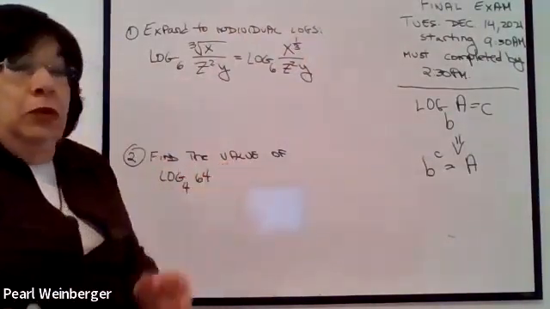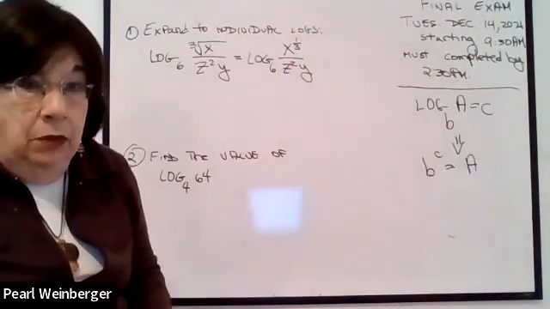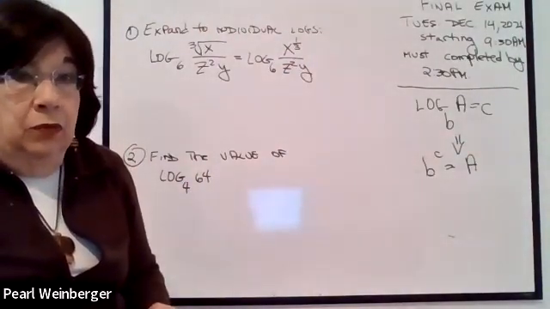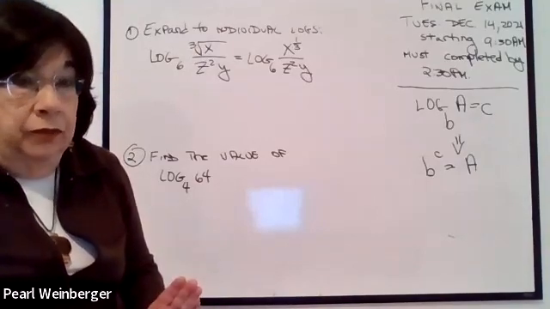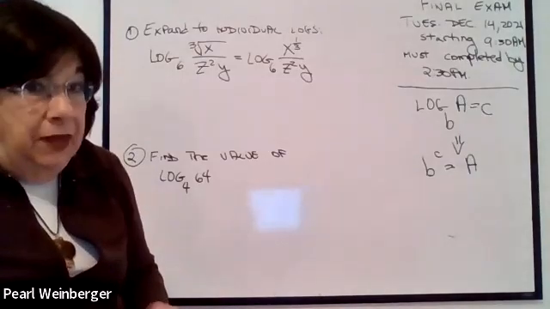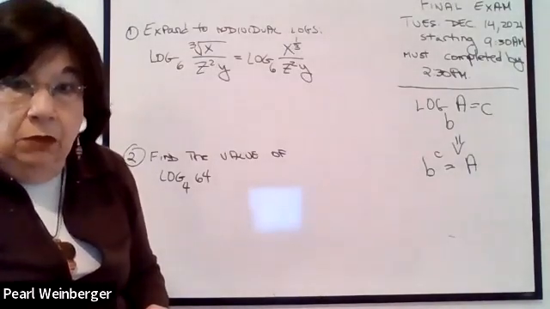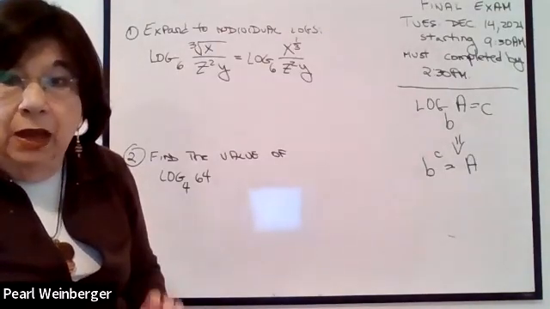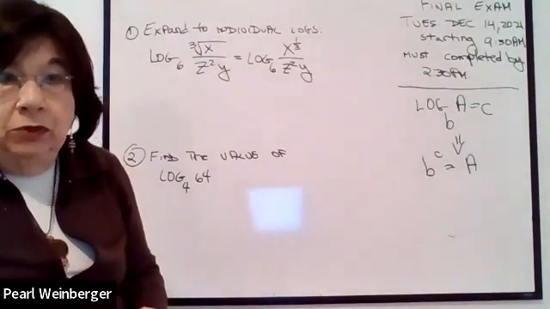And then remember our rules for expanding logs, what we call the properties of logs. Logs or logarithms are basically exponents, and the rules that apply to logarithms are the rules that apply to exponents.